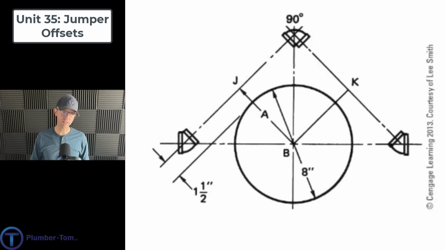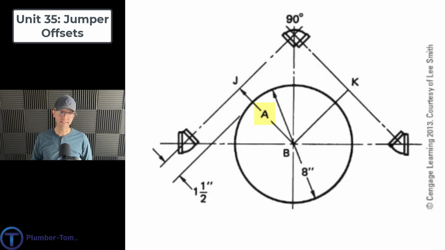Examine the circle itself. The diameter of that circle is 8 inches. That's helpful information. We also want to space our pipe away from that circle 1.5 inches. Also helpful information. To figure this out, we need to know what A is. Do you see A?